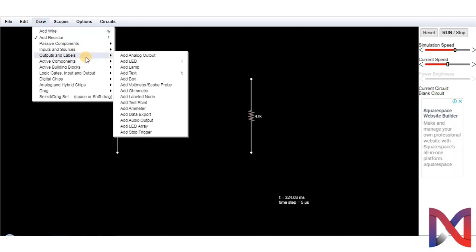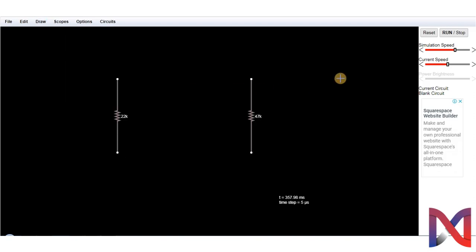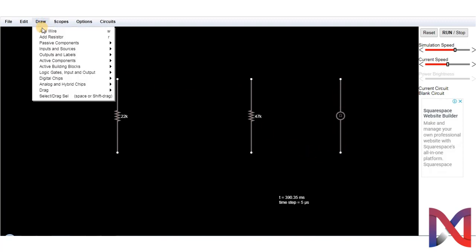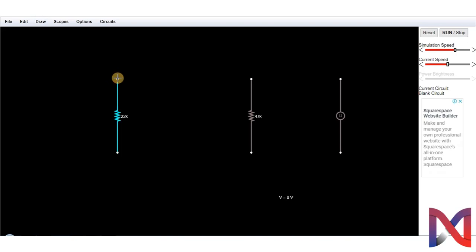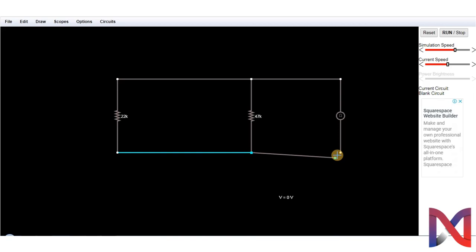Now we add our ohm meter and then connect the whole circuit. Let's see whether we get the equivalent resistance or not. We got 15 kilo ohm, which is exactly the same that we got during calculations.